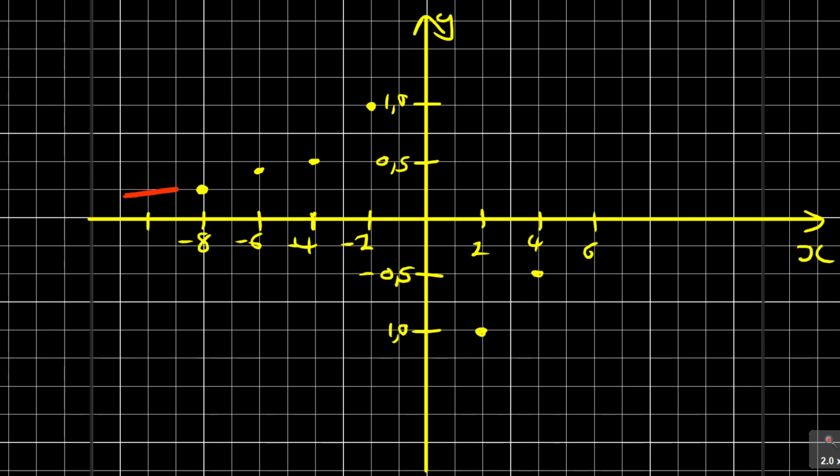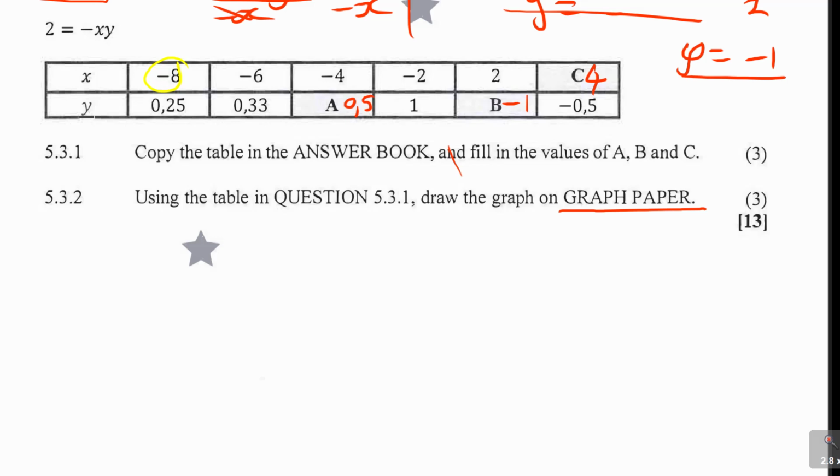It's supposed to be like this, like that. And then also here you need a line like this. See, it's in quadrant 2 and quadrant 4. Why? Because if you check, there is the negative. You see that? There is a negative there. So that is how you're supposed to do that question.